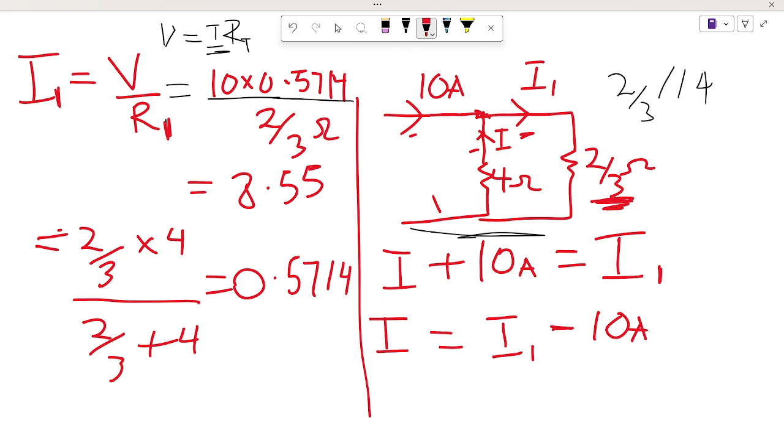Okay, so I think there's a little change in the value. So we rather have 8.571, I think. So in that case, if we substitute our value, our I should give us 8.571 minus the 10 amperes.